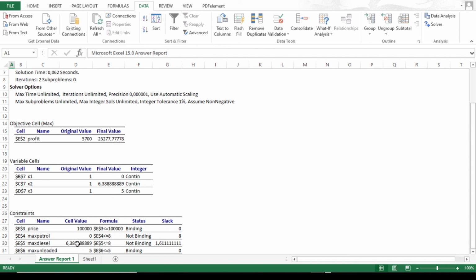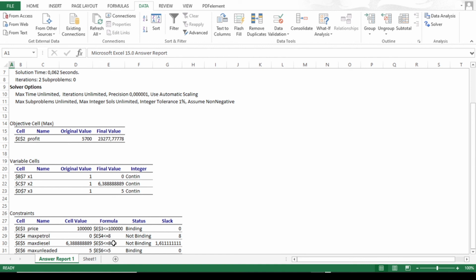Then for diesel, the restriction is 8 tons of storage space available. In the final solution, we will use 6,39 tons of that storage space, and therefore it is non-binding, and the slack gives me the difference between the actual storage space used and the storage space available.